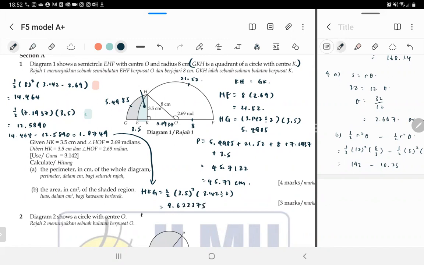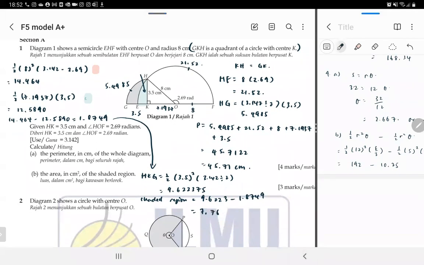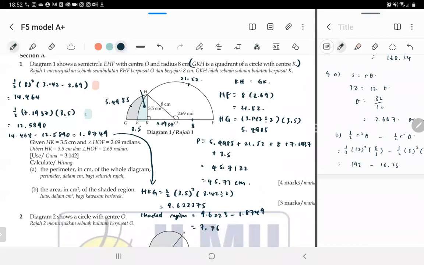So the area of the shaded region will be 9.622 something minus the 1.8749. So 7.747, right? Just now you said 7.747. Oh, 7.747 cm squared.